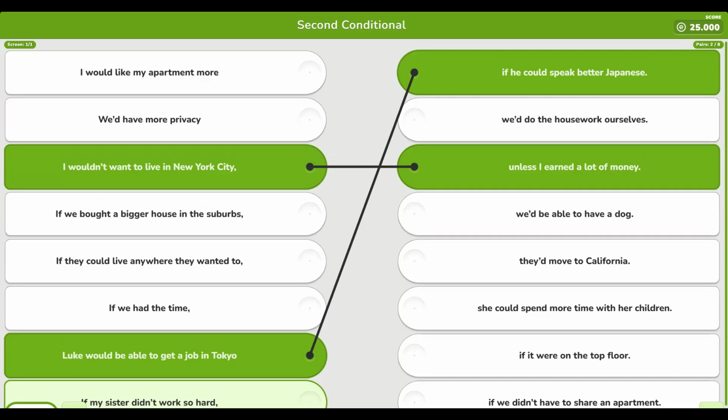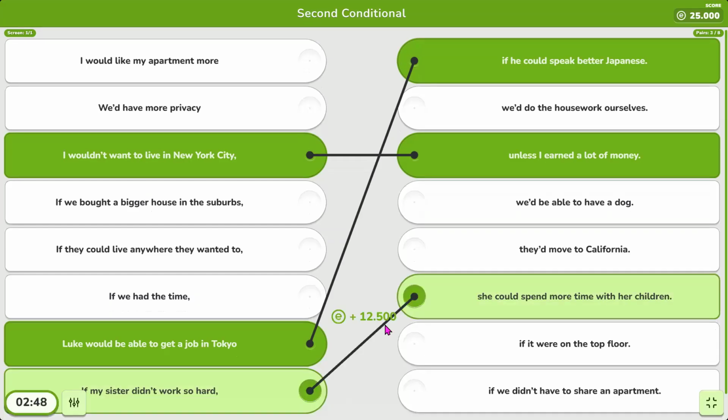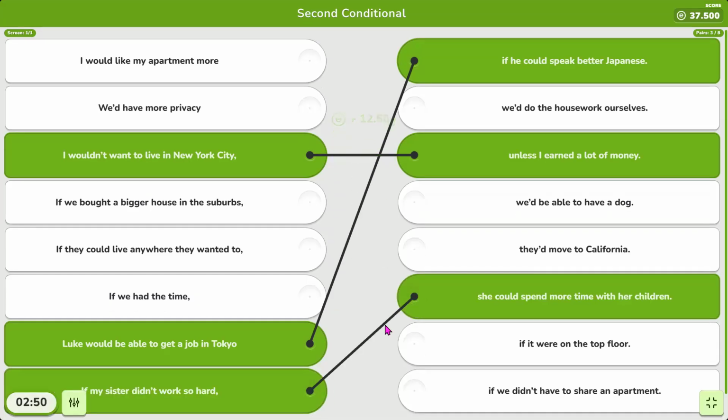Ah, but this is my sister. She. It is singular. My sister, she couldn't spend more time with her children. That's right. Good job, dear Christian.